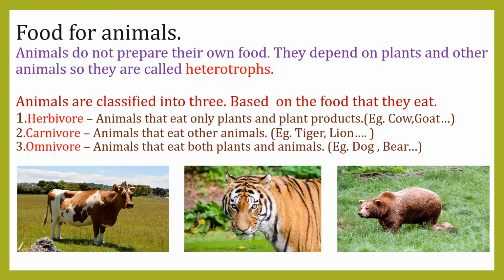First one, herbivore, carnivore, and omnivore. Herbivores are animals that eat only plants and plant products. Example, cow, goat. Carnivores are animals that eat other animals, that is tiger, lion. Omnivores are animals that eat both plants and animals. Dog, deer.